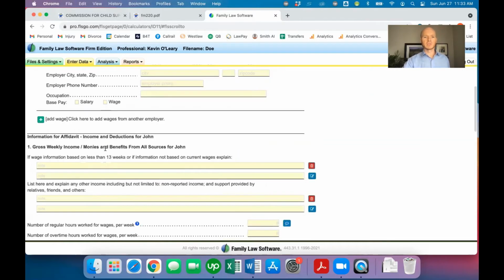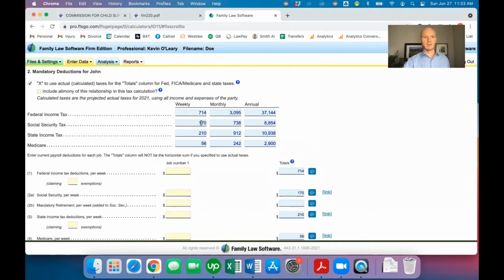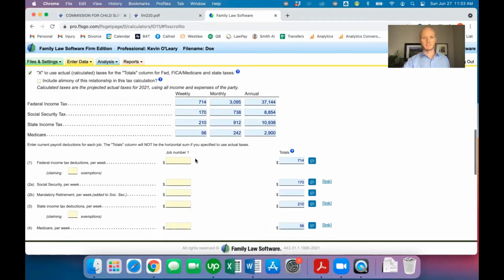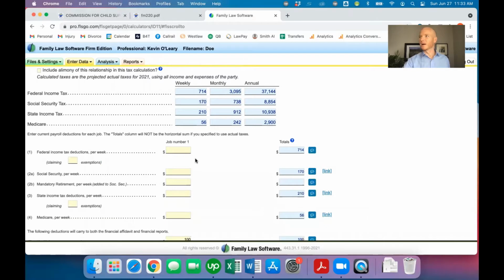And then the software is going to automatically calculate the tax deductions, the tax withholdings on the financial affidavit. So that is automatically calculated.